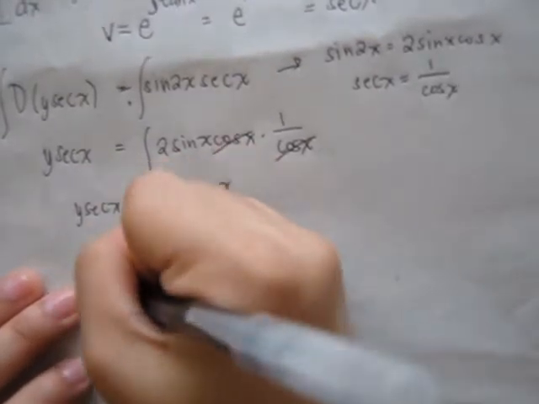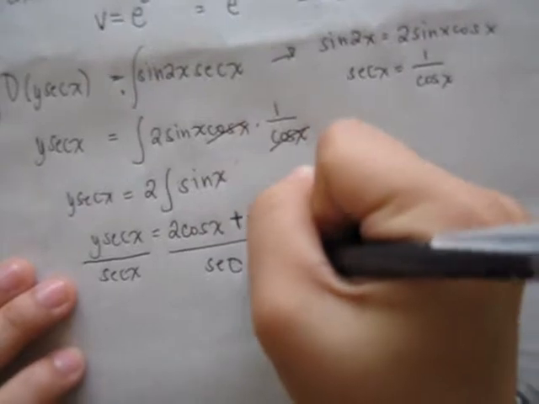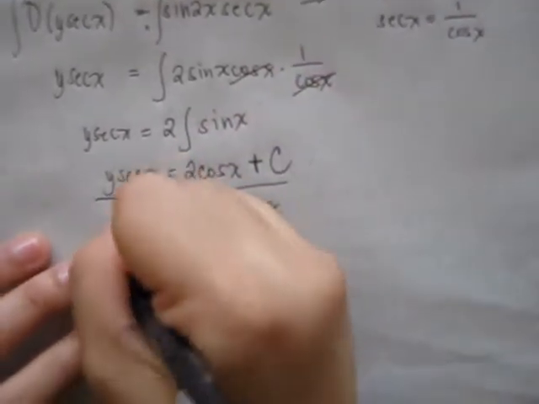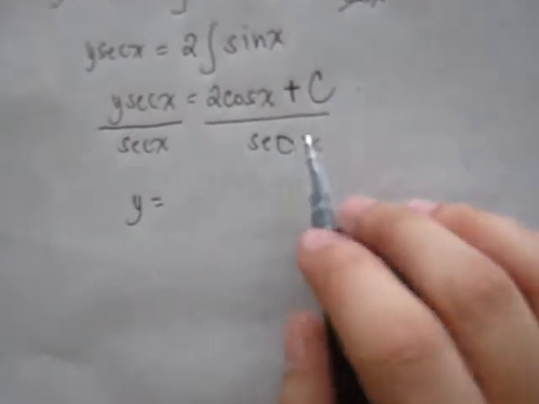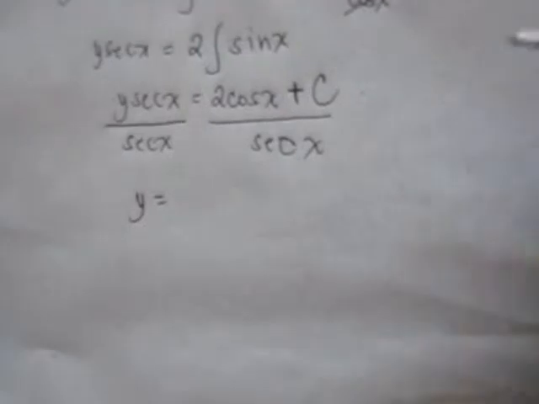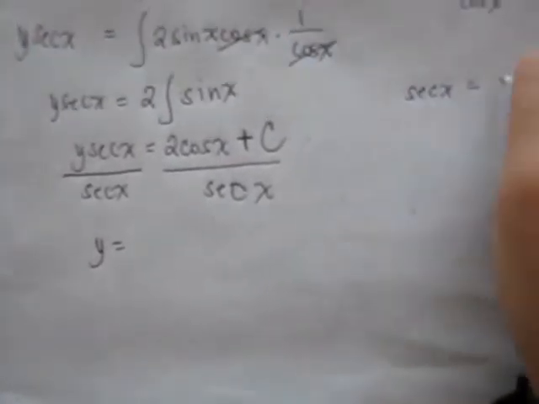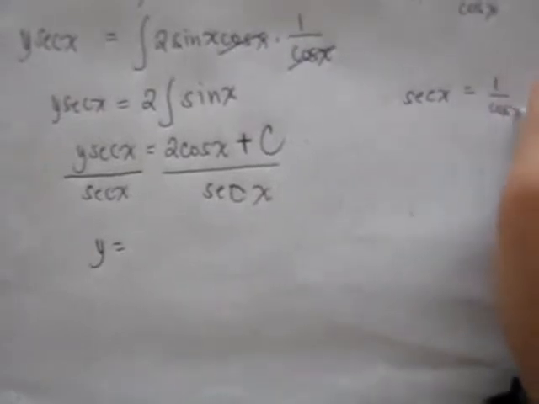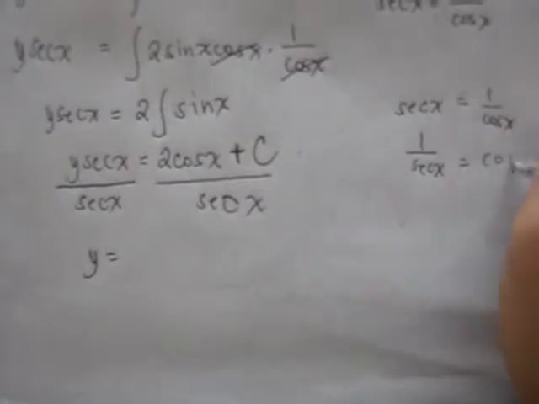So dividing this by the secant x, y is just equal to, since secant x is equal to 1 over cosine x, 1 over secant x is just cosine x.